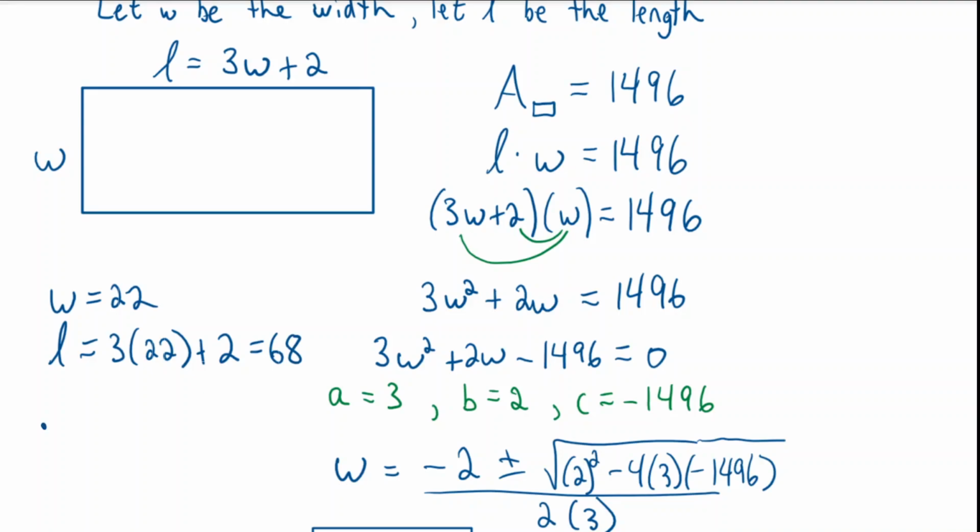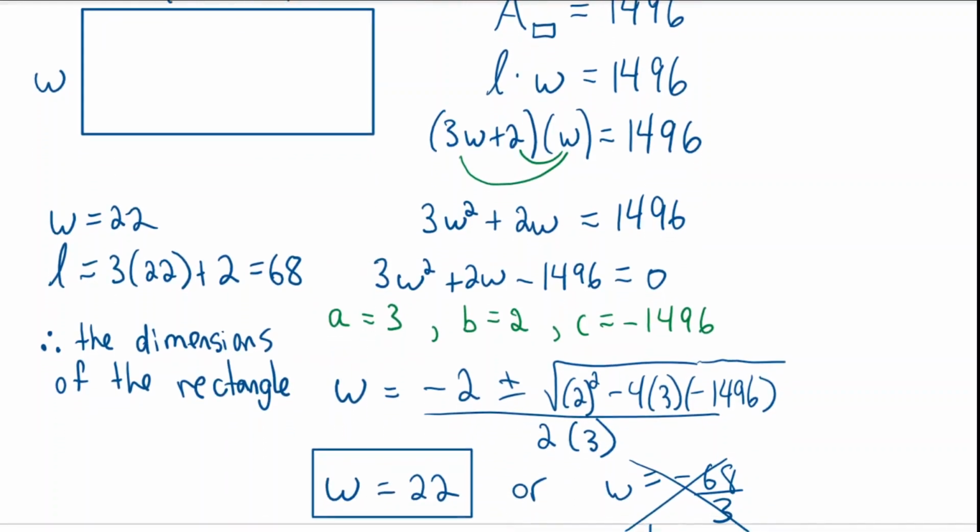And therefore, we can say the dimensions of this rectangle are 22 meters by 68 meters.